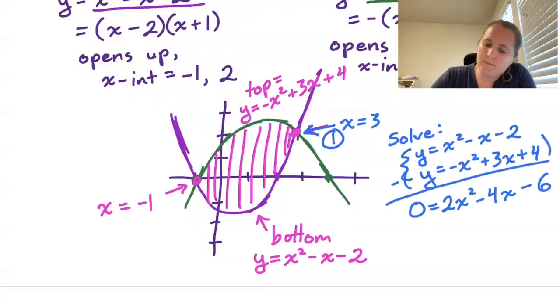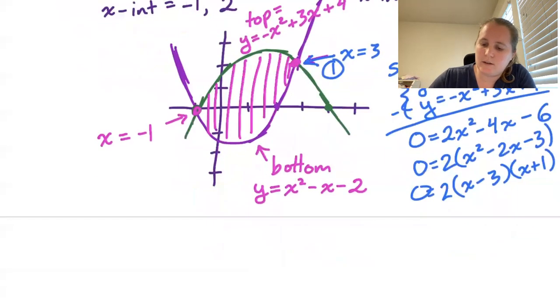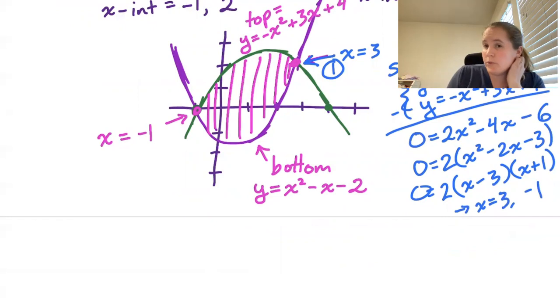So from here, we can factor out a 2. We have x squared minus 2x minus 3, and then that factors as x minus 3 times x plus 1, hence getting our x equals 3 and -1. So we know our bounds.